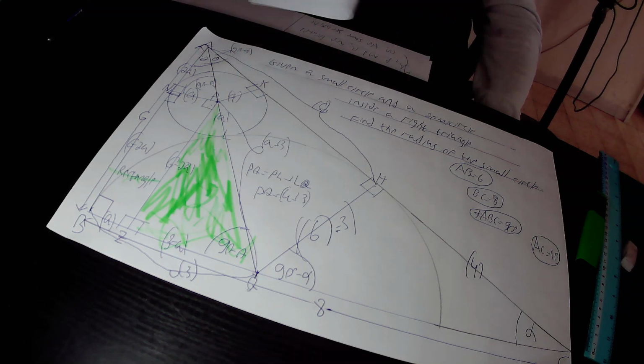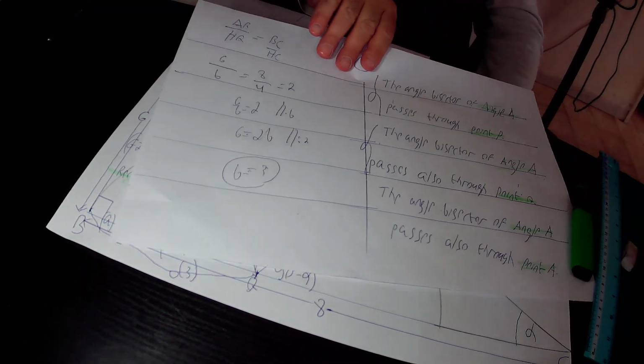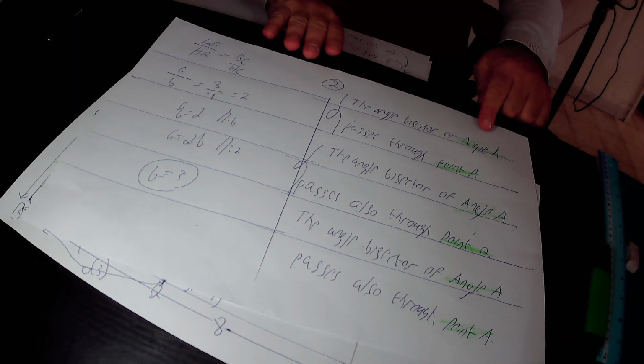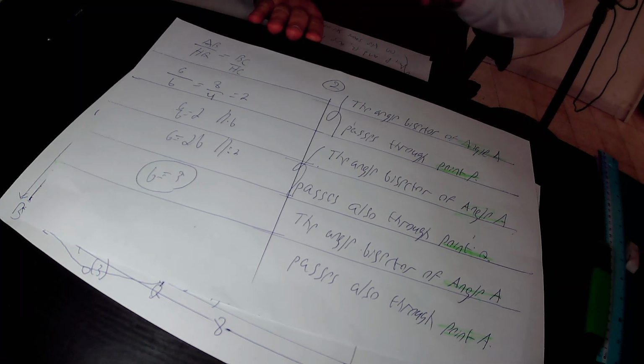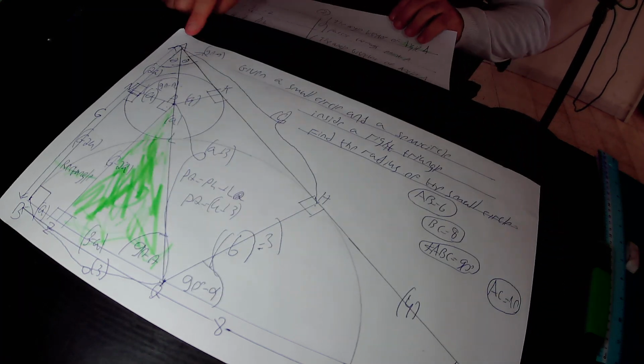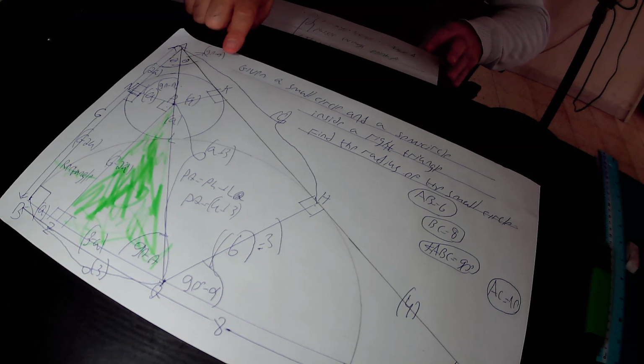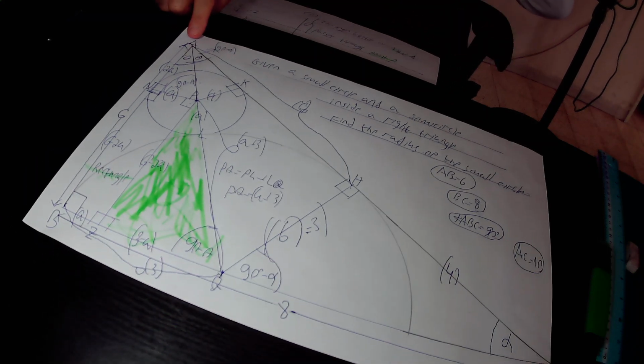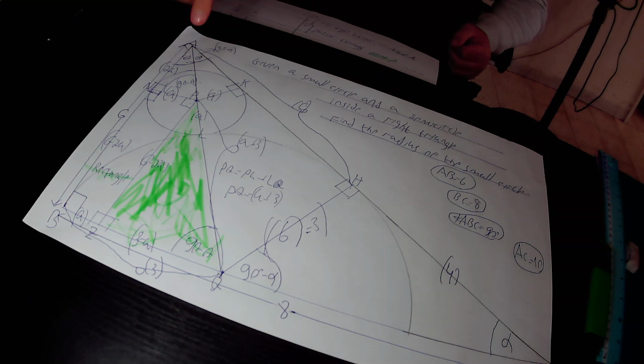So if you write down, according to rule 15, the angle bisector of angle A passes through point P. If we define the size of angle A as 2 theta, then the angle bisector PA bisects angle A into 2 halves. Each half must be equal to theta, of course.